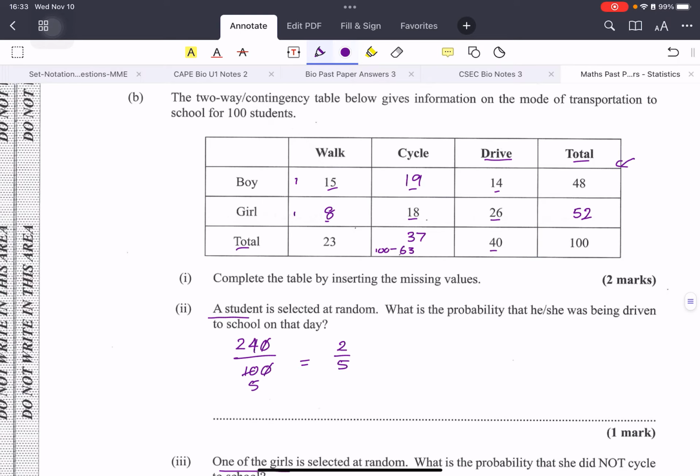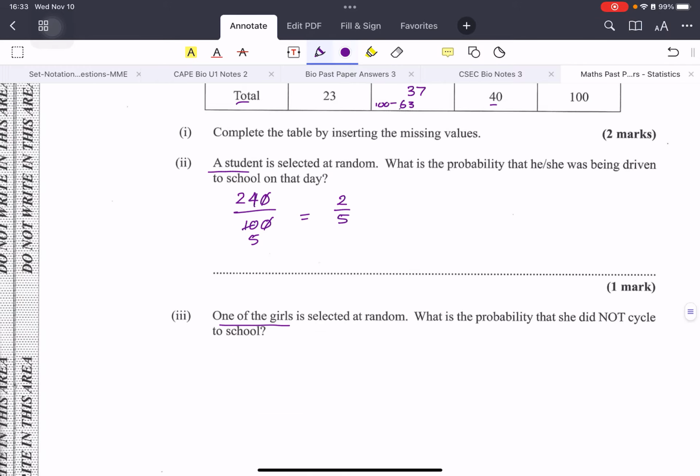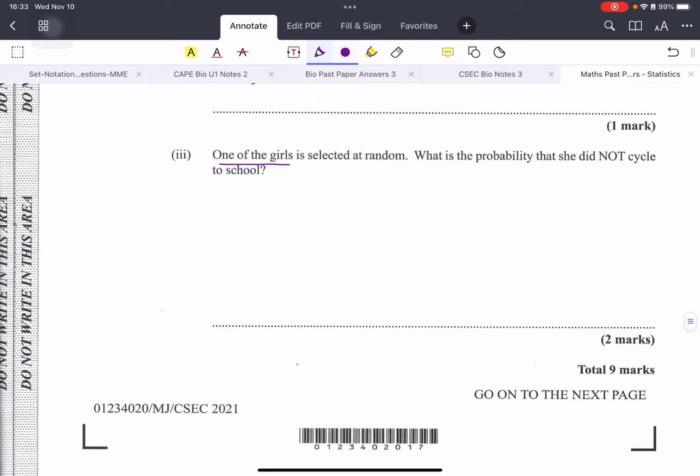If we add up those, we are going to get 34. So 34 girls did not cycle. So the probability is the 34 girls who did not cycle over the total amount of girls. And that is 17 on 26. That is our probability of finding a girl that did not cycle.